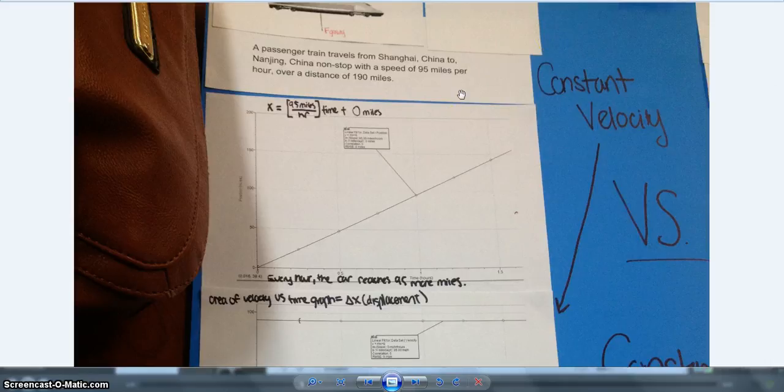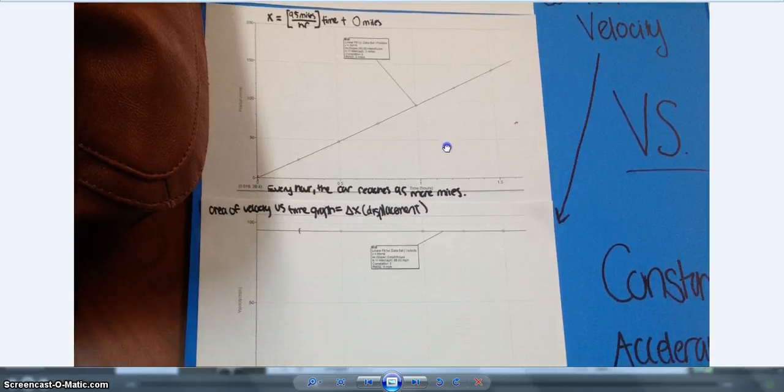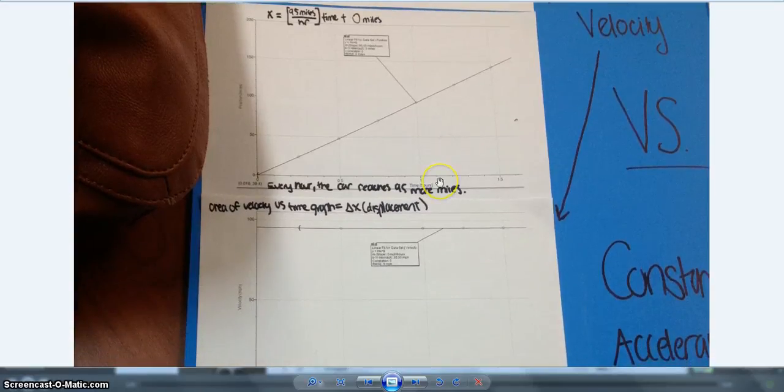So we have the position versus time graph, and instead of seconds I used hours.